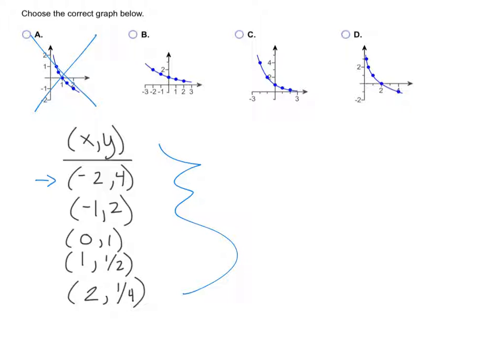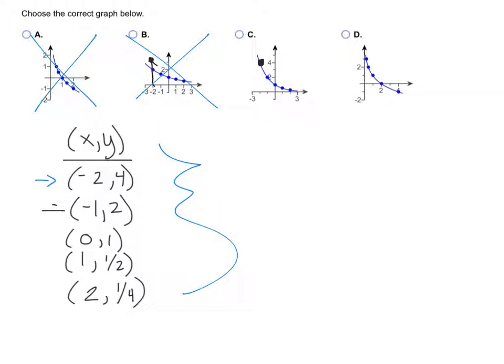If we look at graph B, -2 is here, and then we want to go up 4, which would give us a point around here. That point is not on the graph, so we know graph B is not our answer. Now if we look at graph C, we want -2, 4, which is this point here.